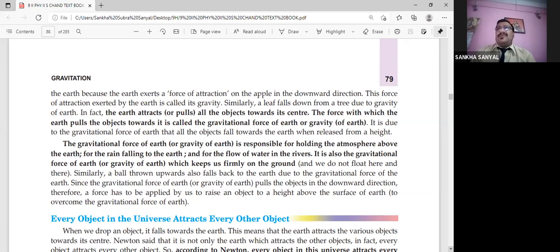When we talk about the flowing of the rivers, or the rain falling, or the throwing of a stone, all these are attracted towards the center of the earth, or come downhill, simply because it's the force of gravity that exists over here.